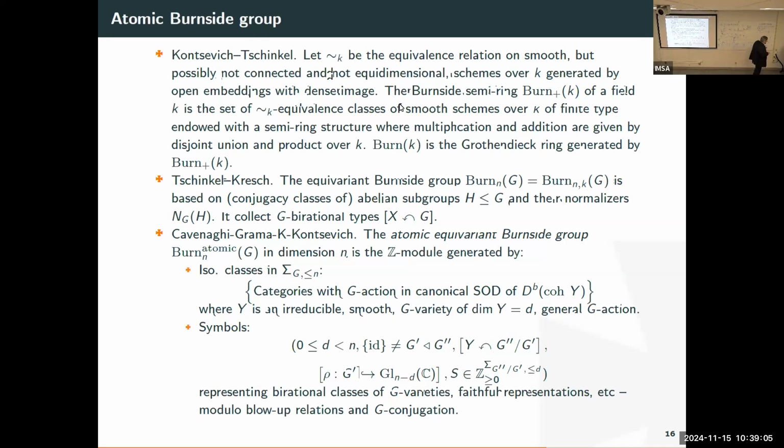And I just wanted to see what are these things that could obstruct rationality by just looking in the Landau-Ginzburg model away from the singular fibers.